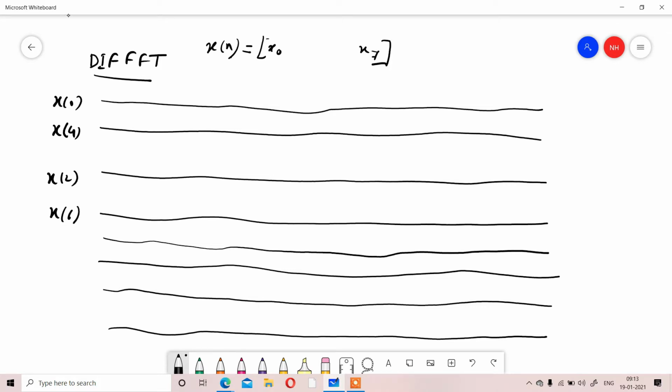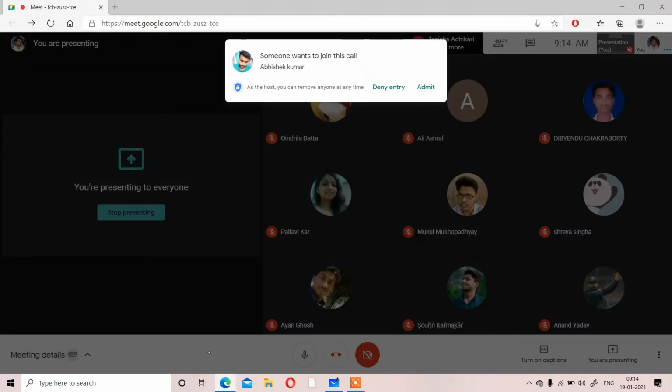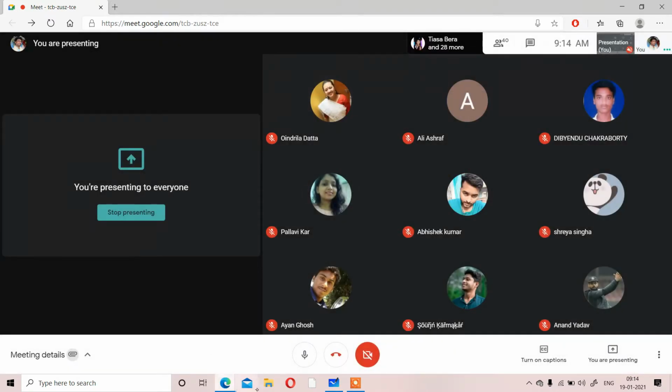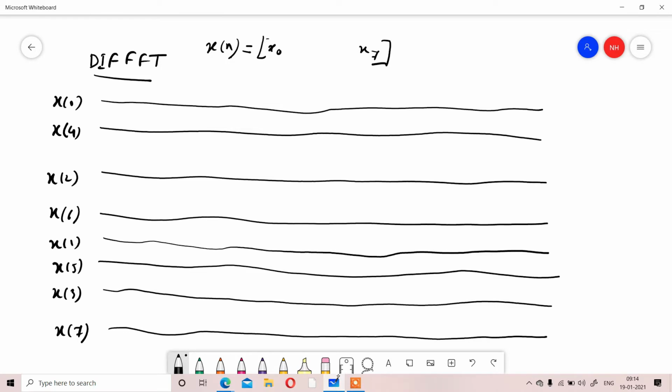fifth is x1, x5, x3, and x7. With respect to that, we have first checked for n equal to 8, that is for the length of the sequence 8, what should be the maximum value, that is what should be the value of capital M, that we have got 3.